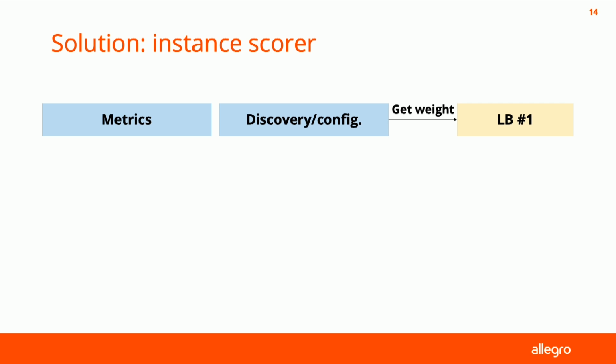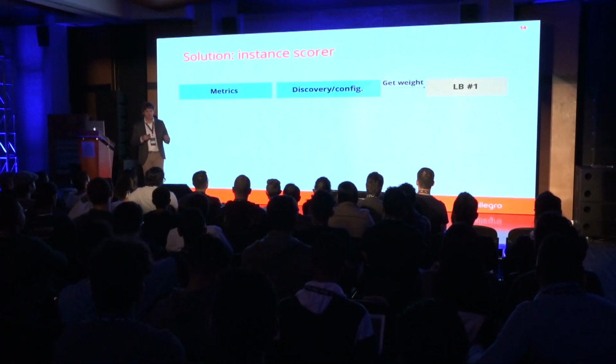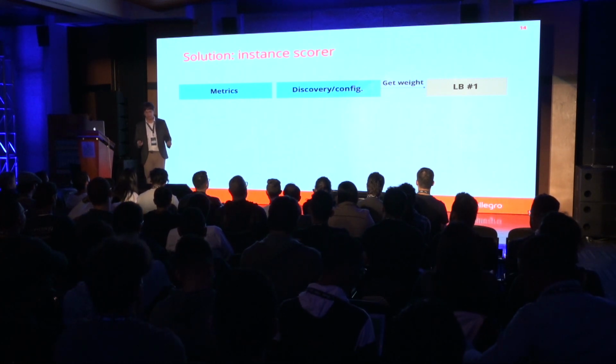And since load balancers were already being configured from discovery services, which is what you usually do when you have a discovery service, you have a list of instances in the discovery service, and you have some key-value parameters for that. So we just add another parameter, like weight, for every instance, and load balancers start getting that weight and apply it in their configuration.